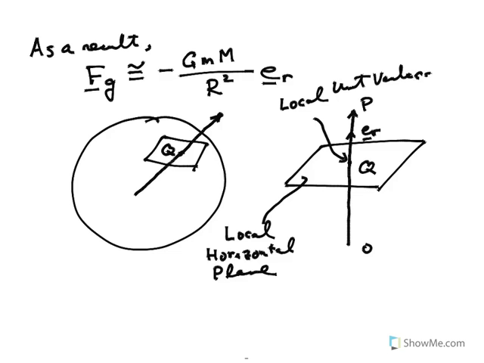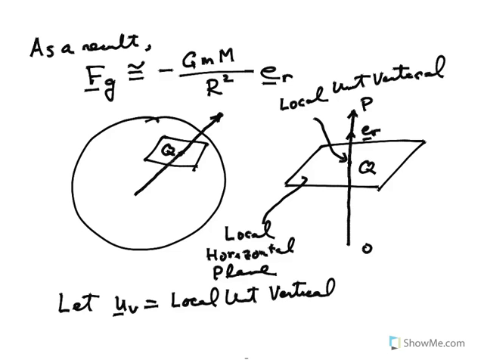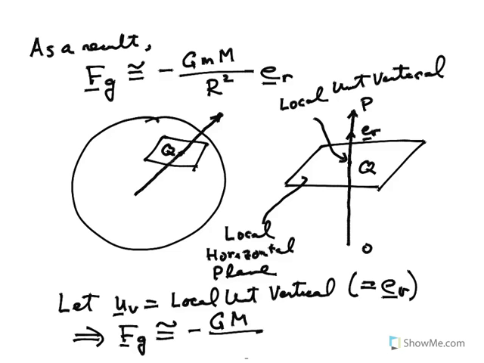And we normally call that direction something else. We say let UV be the local unit vertical, which from the diagram is the same thing as ER. So then we can write the force of gravitation. It can be approximated as minus G, and I'm going to make a rearrangement here, minus G times M over R squared times m times ER. And I'm going to put this quantity here in brackets.